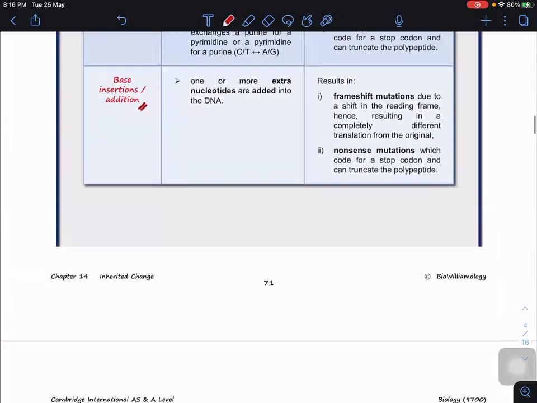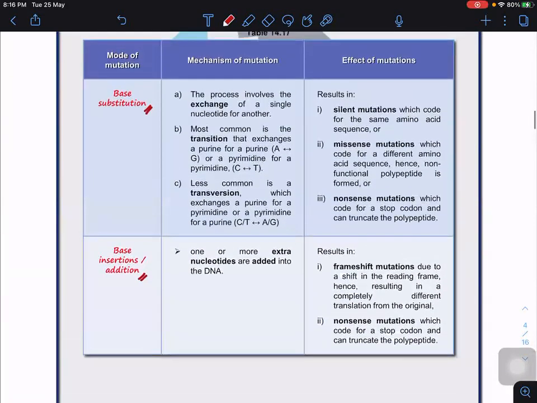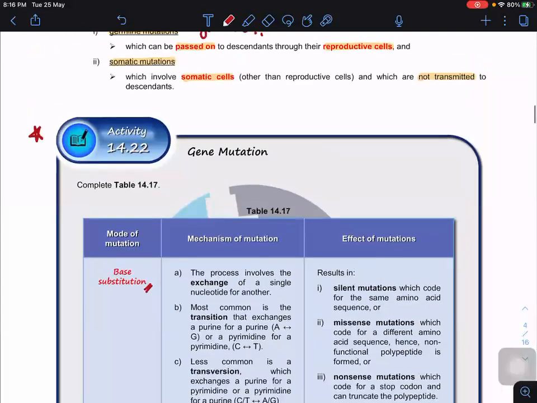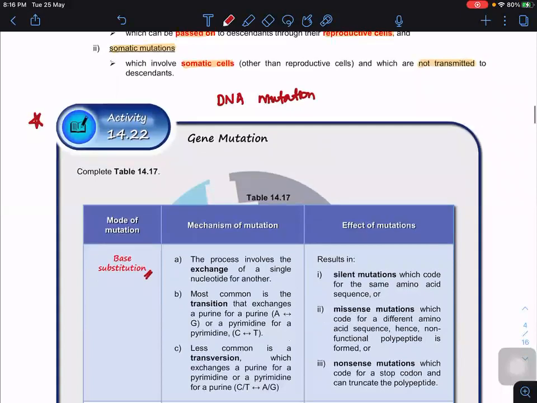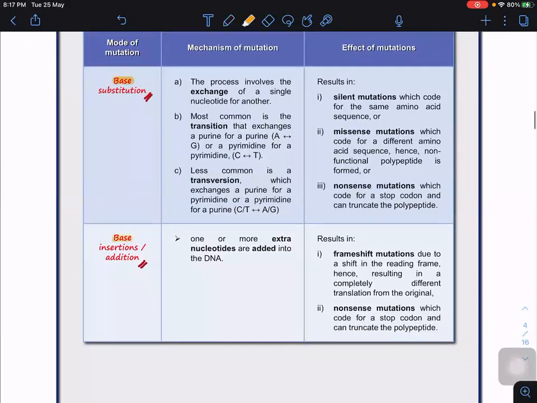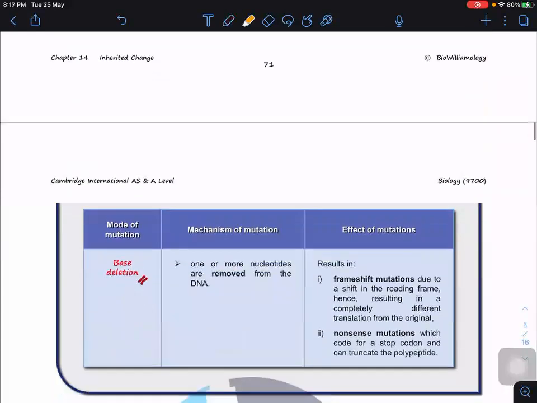Now, here, I want to emphasize a very, very important point. When you talk about DNA mutation, we are always misled by the word base. We always use the words base substitution, base insertion, base deletion.